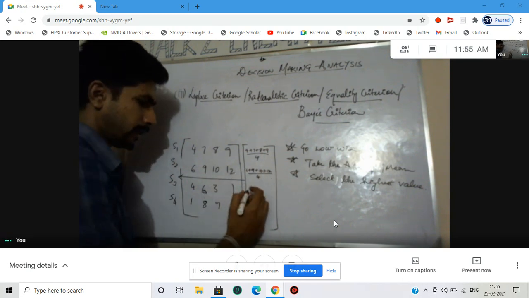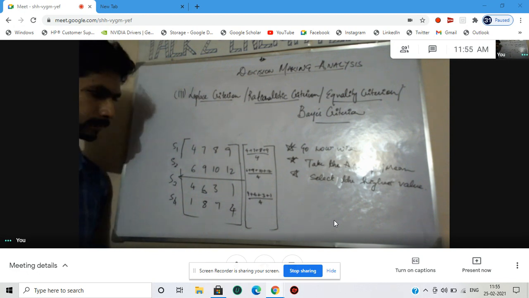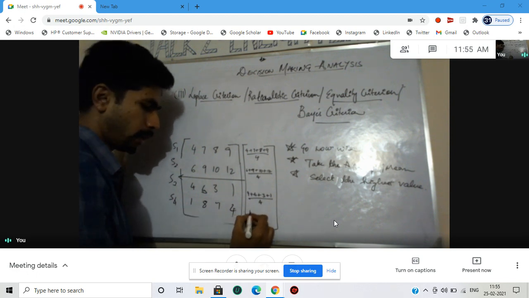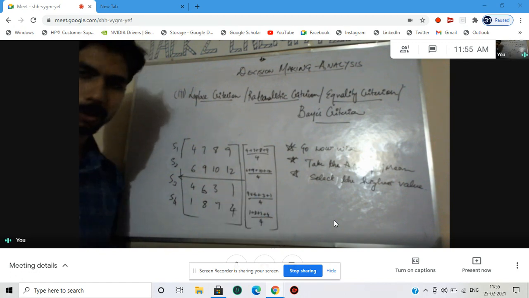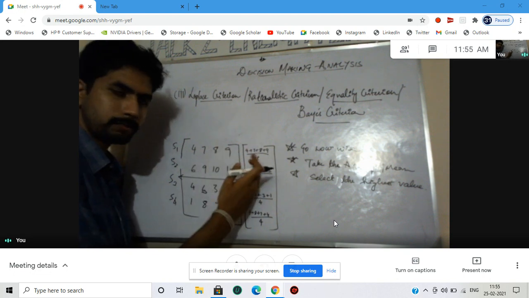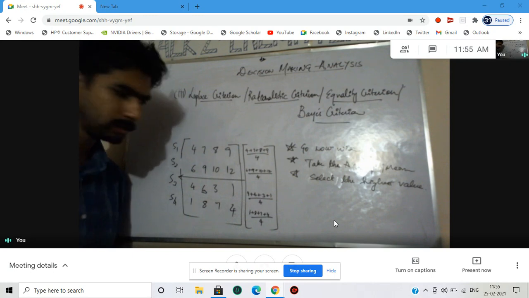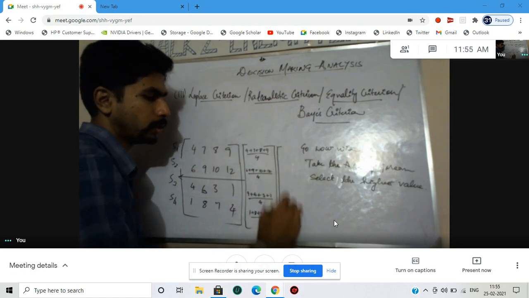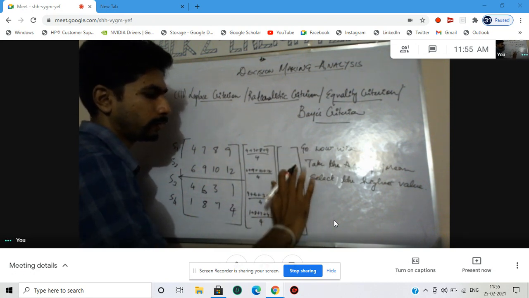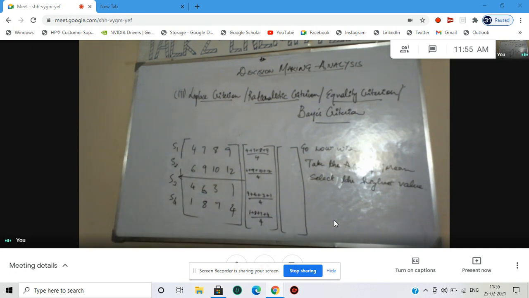And here it is 4 plus 6 plus 3 plus 1 divided by 4. And here it will be 1 plus 8 plus 7 plus 4 divided by 4. In case you have 5 terms, you need to add that next term and divide by 5. That is how the average works. So now what you need to do is calculate it. You do the calculation and give me the values.